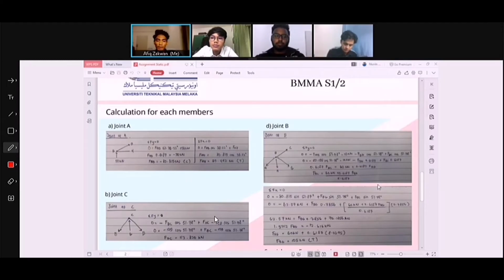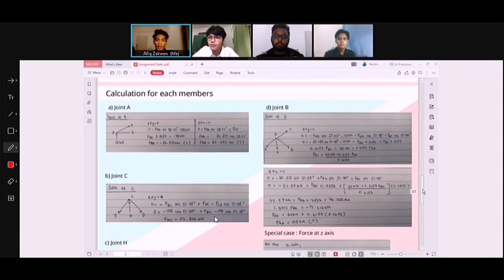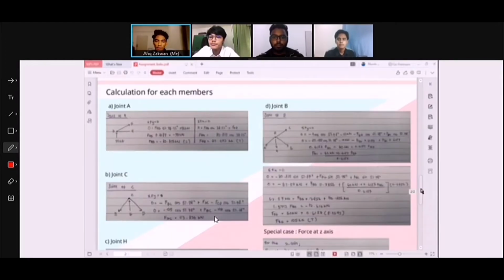So this one we want to determine the FBG. Then we continue to the summation of Fx, and we put the FBC into the Fx equation. From there, we have determined the force BG.